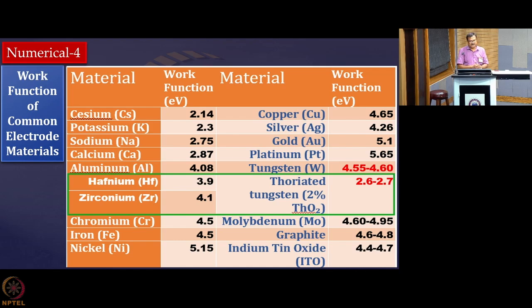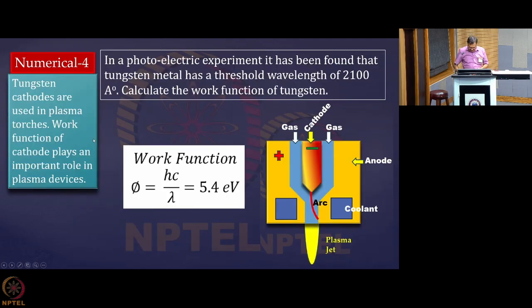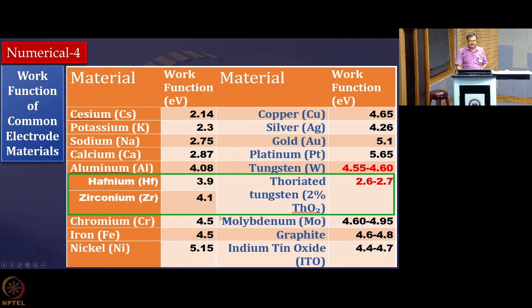So I just wanted to highlight that, because of the small difference between the experiment I proposed in the previous numerical and the theoretical value listed in literature. So there is a variation, of course, 4.5 to 4.6. Similarly, thoriated tungsten also has variation, and graphite also has some variation. This depends on the kind of material and the impurities involved there.